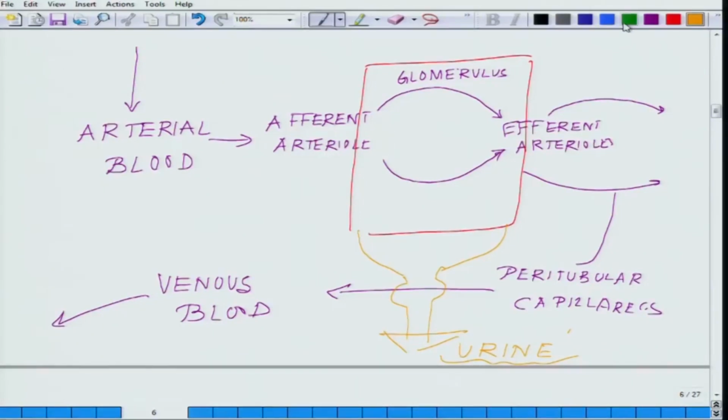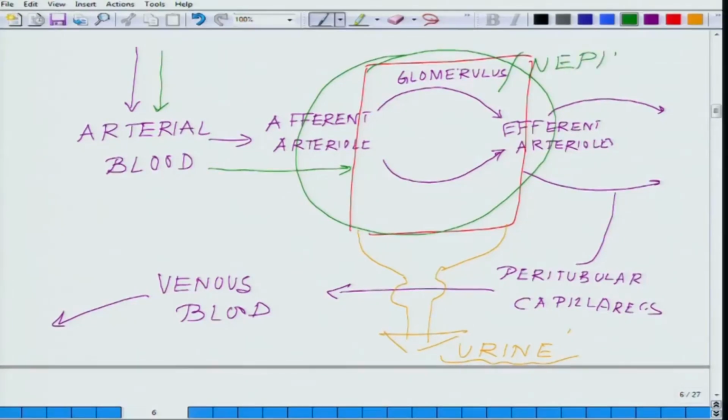Again, to summarize: you have the arterial blood coming in through the afferent arterioles, moving into the glomerulus or the nephronal network, and in the nephronal network the filtration takes place.